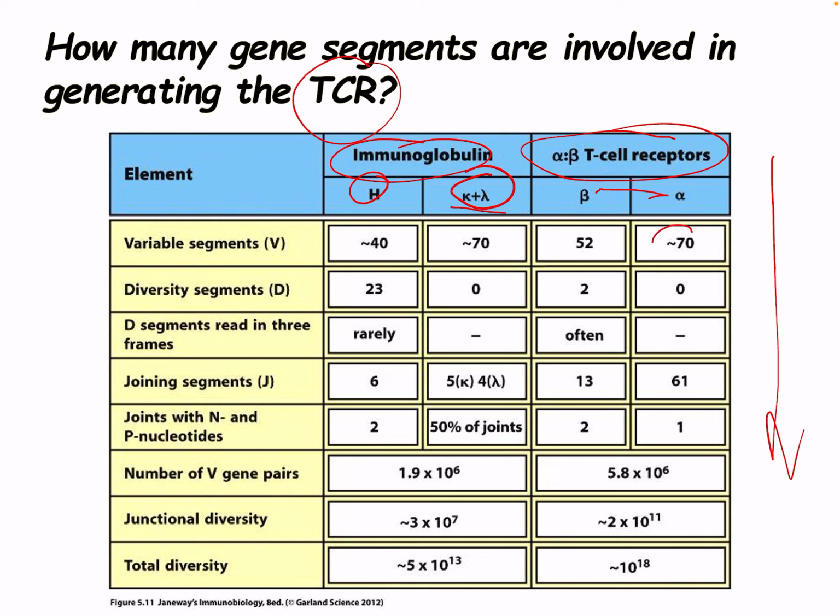Then again, variable segments, D segments, our J segments. Here we can see our total diversity, with, sorry, our B cells having more diversity. You can see here 5 times 10 to the power 13 and 10 to the 18th.